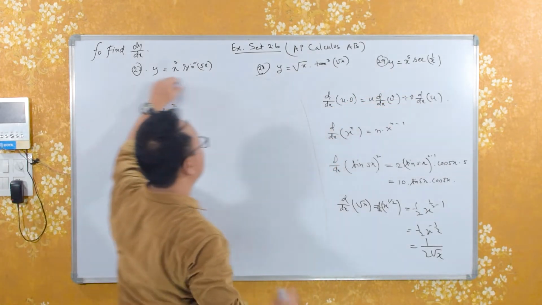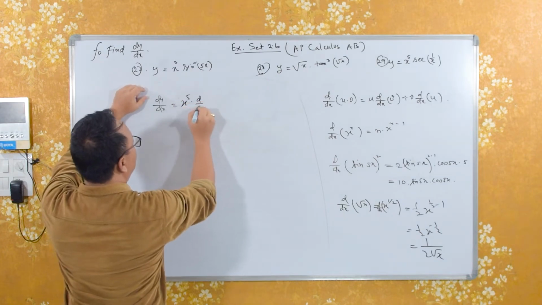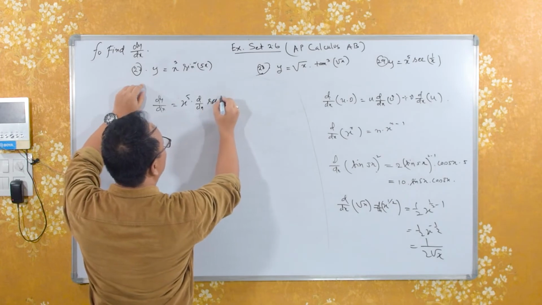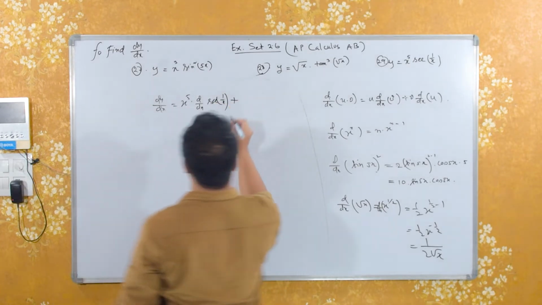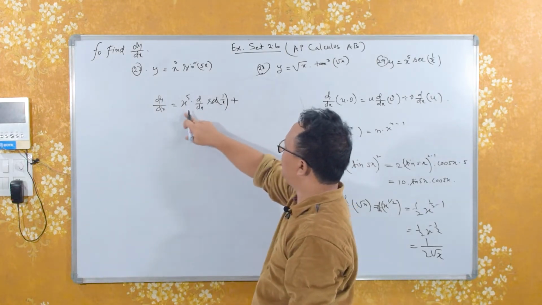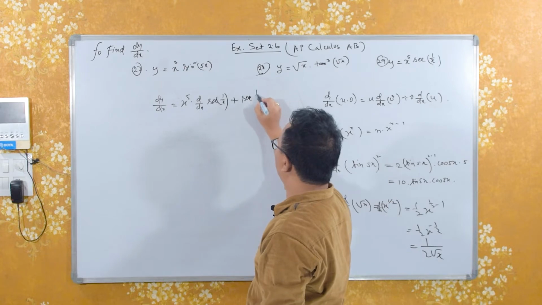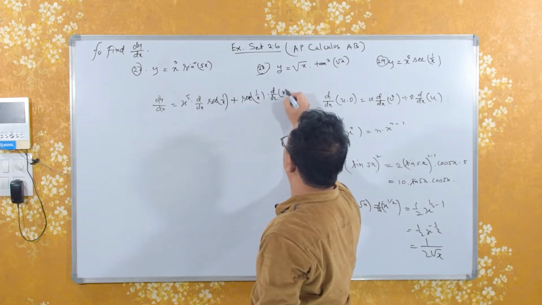Now x raised to 5 dy dx of sec of 1 by x, okay, plus what will be what? U dy dx of v, and v is sec of 1 by x into dy dx of x raised to 5.